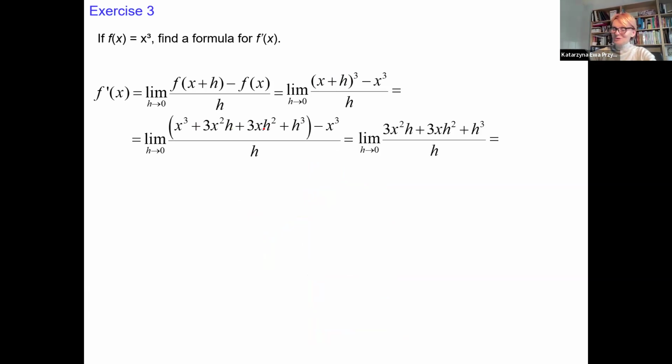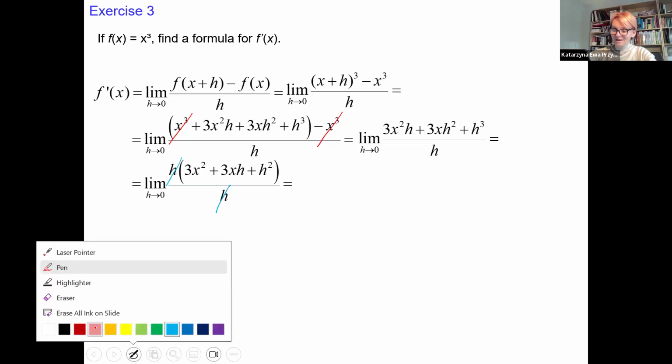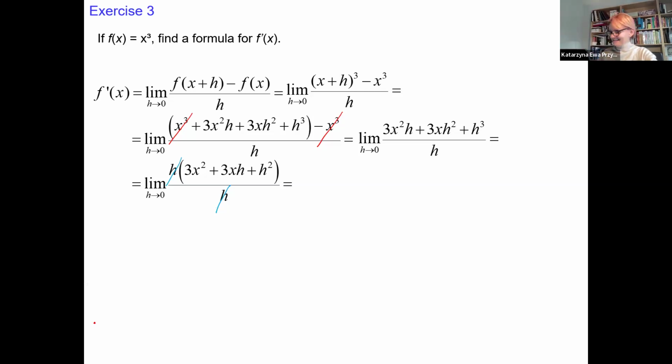And now we see what we see. I cancel out this. Now we can see h in each term. We can factor out h, and this is the common zero. Gone. Okay, what is the final answer?